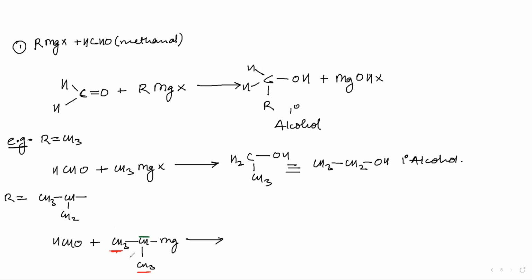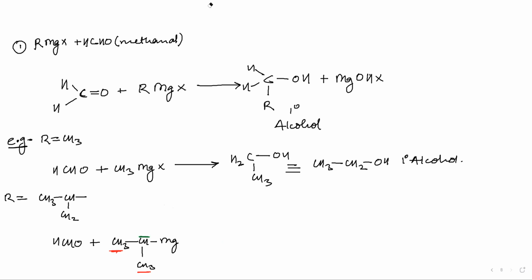CH is different from these CH3. Now you tell me, will the red one attack the CO or will the green one attack the CO? Which will attack the CO? Red or green? If you are in doubt, then just put the red, you guess.